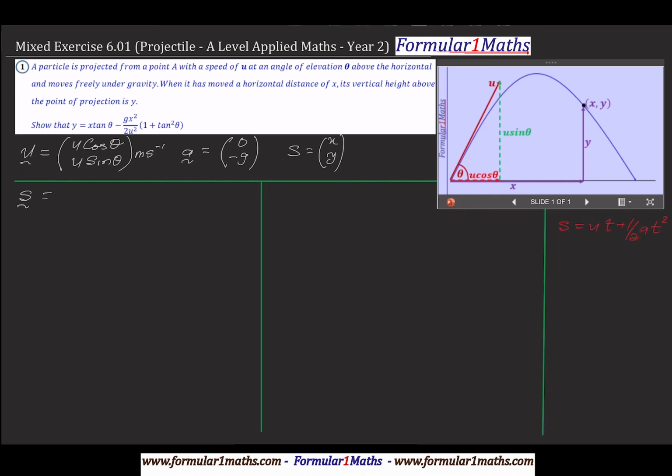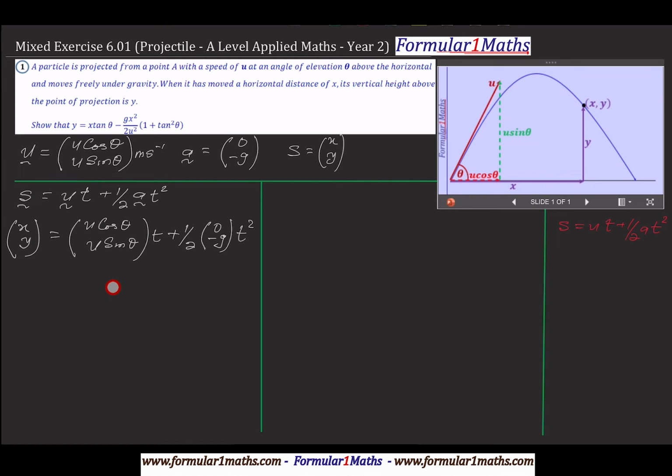I can now go ahead and use the vector form of this suvat equation, which will be s is equal to ut plus half at squared. If I do my substitution, I'm going to get x, y is equal to u cos theta, u sin theta, all of that times t, plus half, 0, minus g, times t squared.